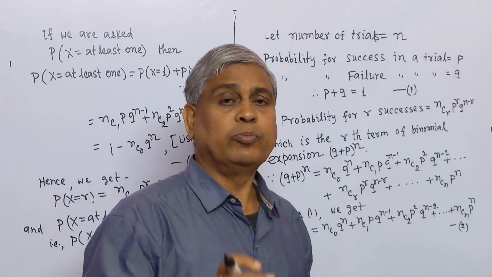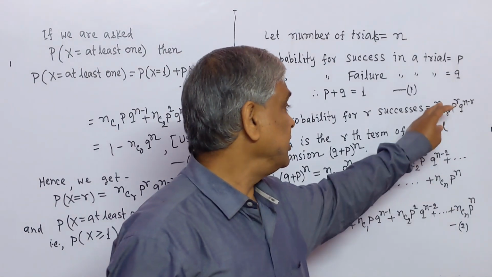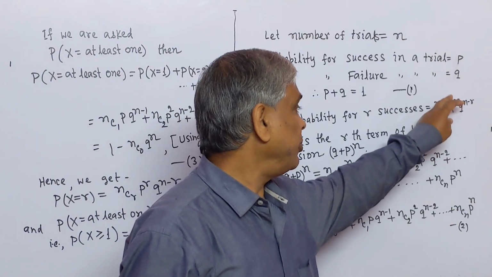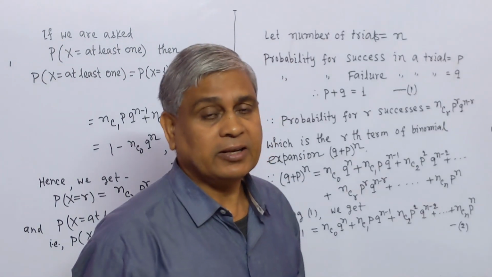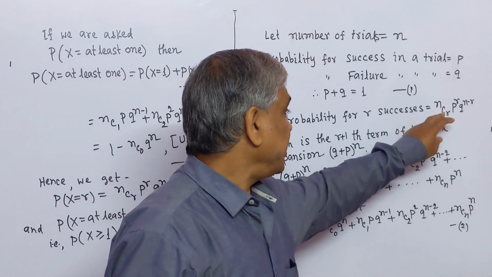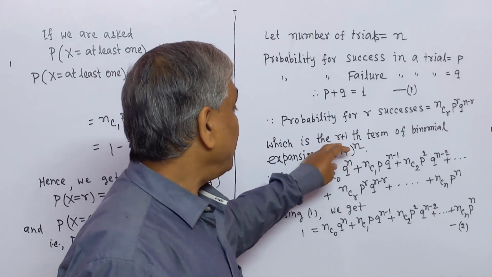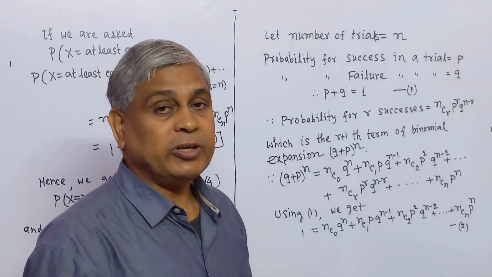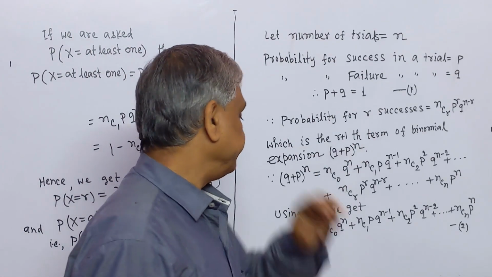We know probability for r successes equal to nCr p to the power r q to the power n minus r. This term is the r plus 1th term of binomial expansion (q plus p) to the power n.